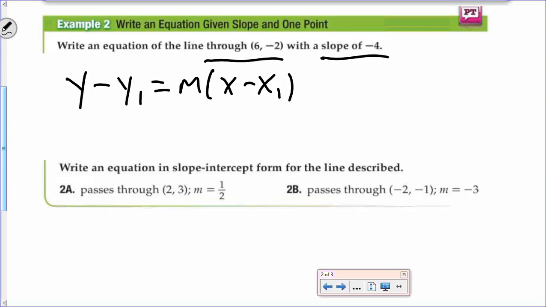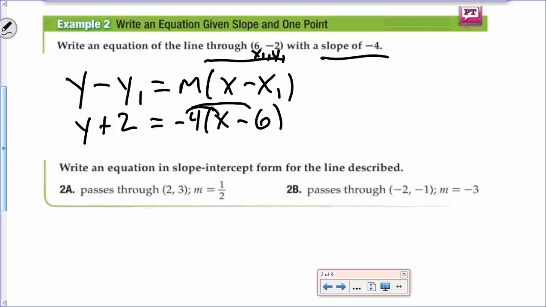We've got a point. Let's call that x1, y1. So y minus y1, y minus -2, y plus 2 is equal to m, which is -4, times x minus x1, which is 6, so x minus 6. This is in point slope form. We want to change it to slope intercept form because it's easier to graph, so we need to distribute the -4. We're solving for y.